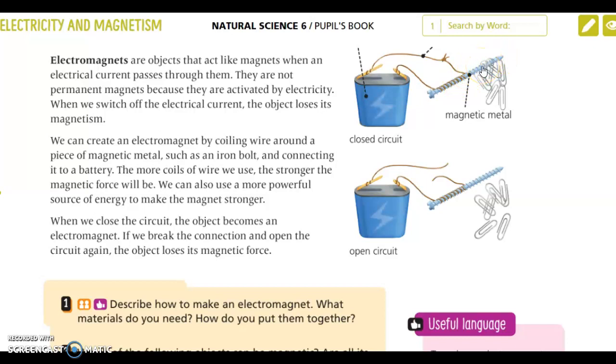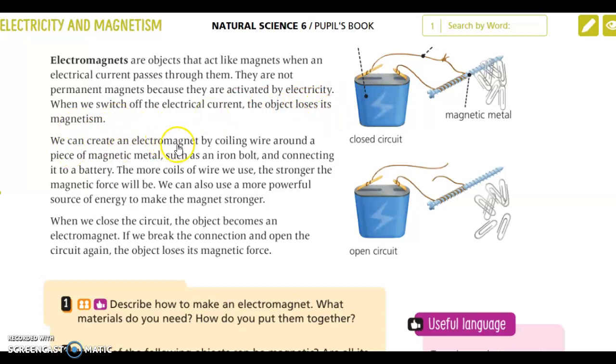But if not, it doesn't have that property, okay? When we switch off the electrical current, the battery, the object loses its magnetism.